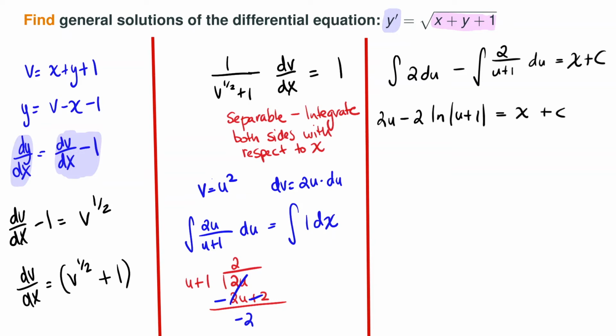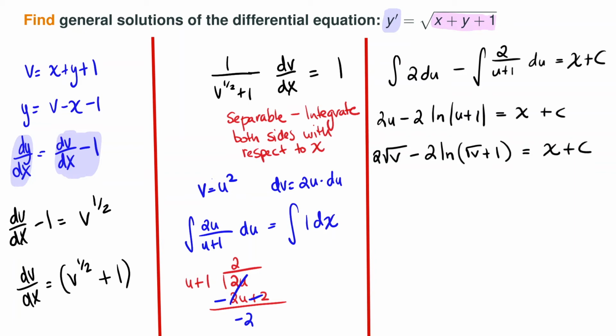We know that v is equal to u squared, or equivalently u is equal to v to the 1/2. So we get 2 times the square root of v minus 2 natural log. Now here the square root of v will always be positive, so we can drop the absolute values for our natural log here, x plus c. What was v?